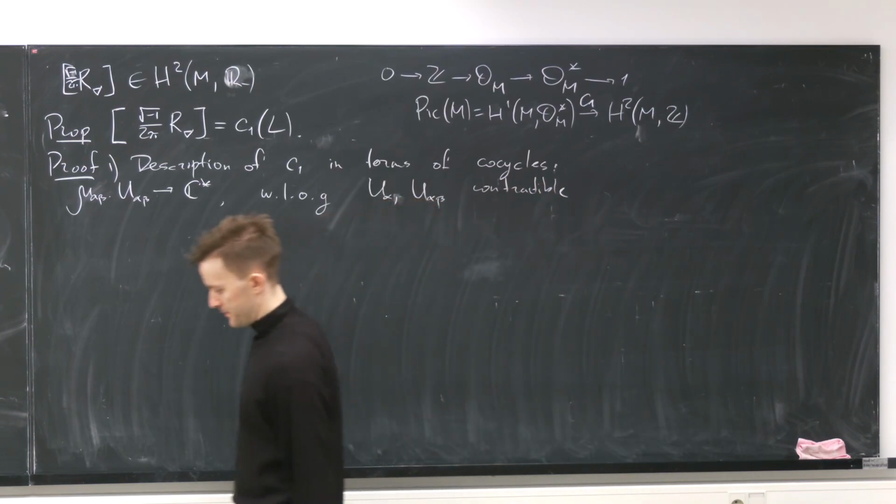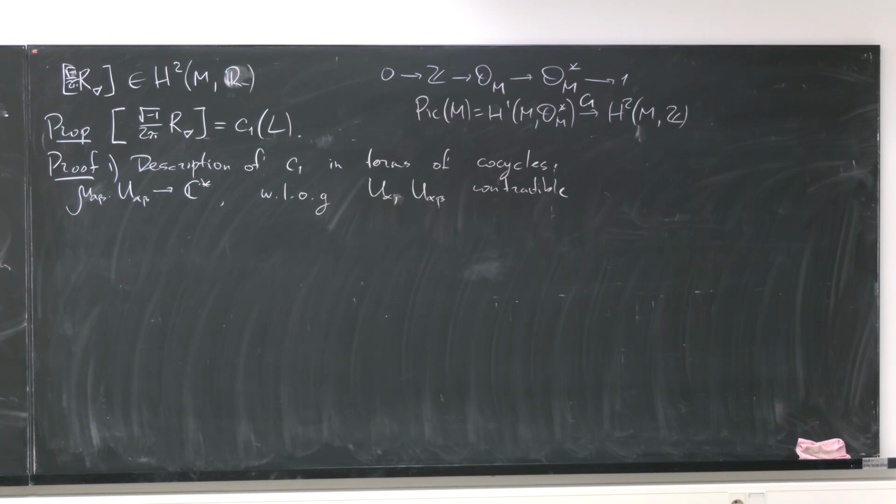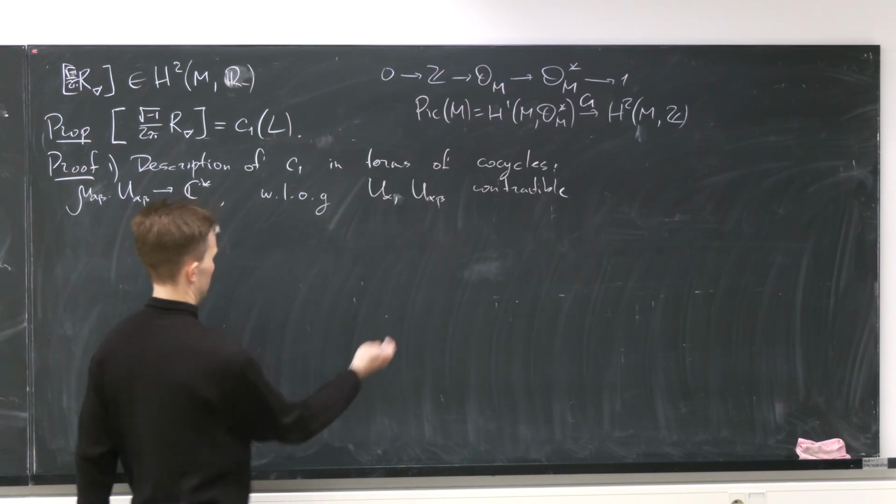Well, to prove this there may be different ways. You can always refine your covering in such a way that all these sets will be contractible and all the pairwise intersections will be contractible.